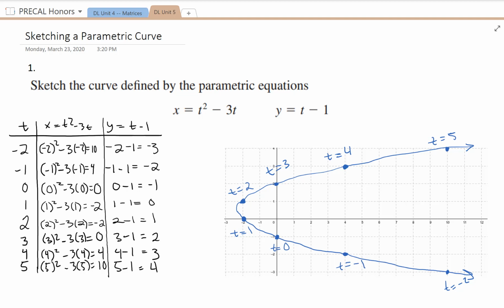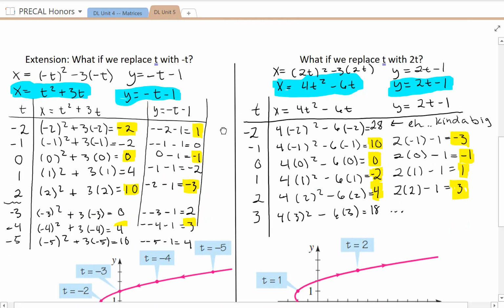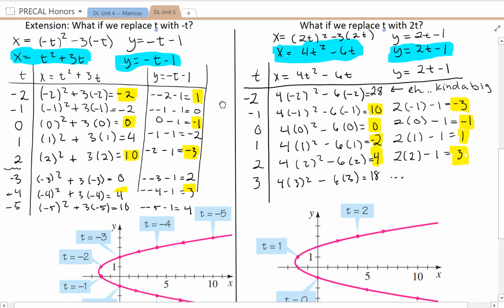What if, instead of plugging in an integer value, you plugged in some sort of expression for t? I tried plugging in -t for t and getting two other parametric equations, and then I plugged in 2t for t to get two other parametric equations to see what kind of curve they gave. These are the two new pairs of parametric equations.